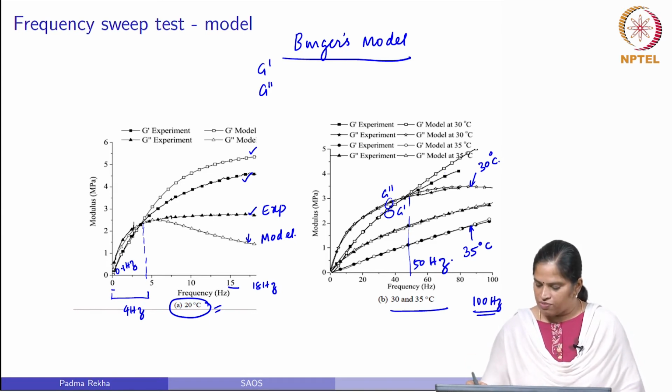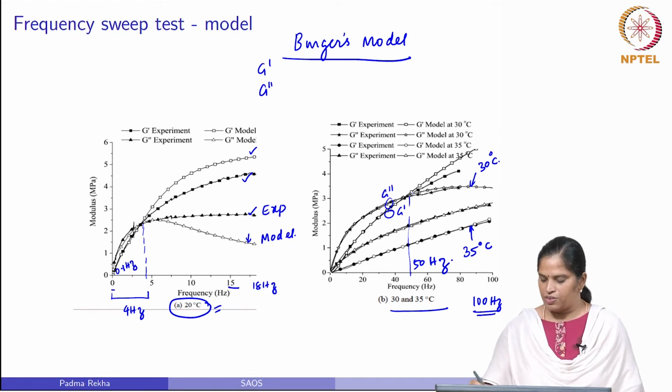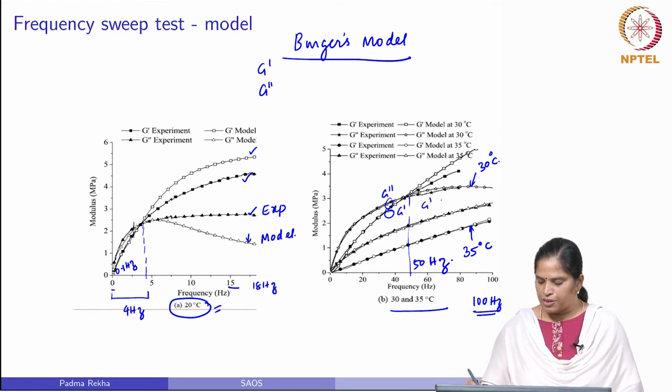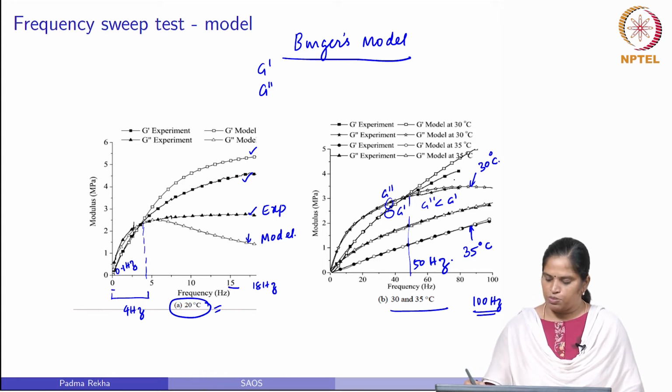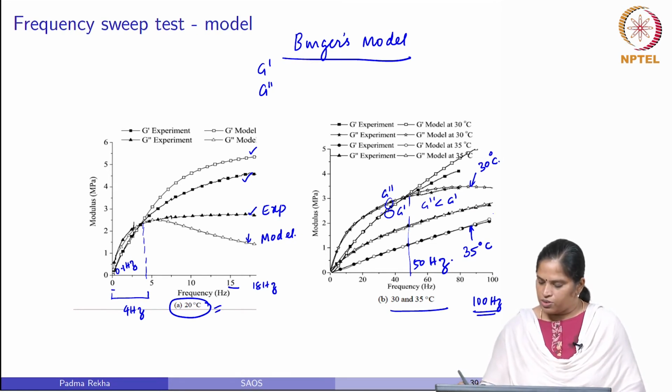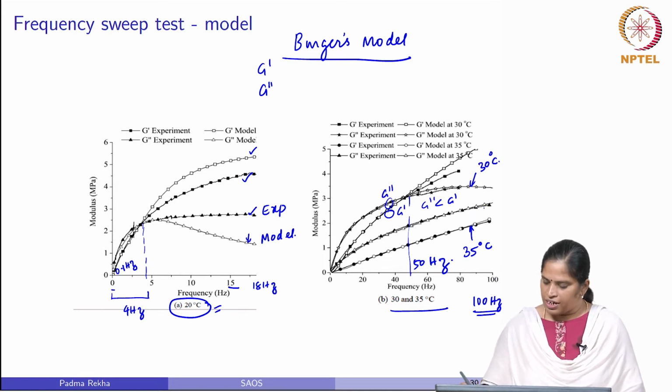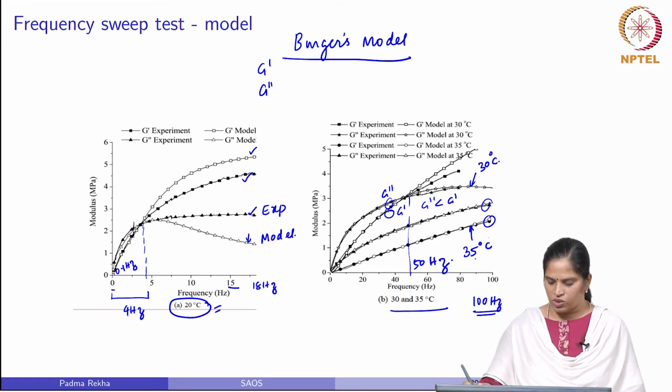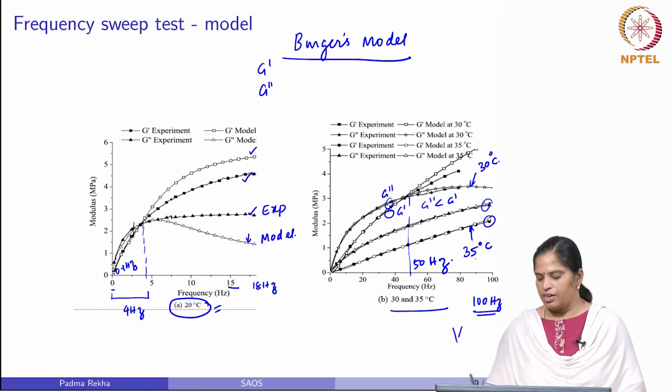Now, as the frequency increases, when G double prime becomes less than G prime, there is a deviation between the model and the experiment. At 35 degrees Celsius, we did not see a crossover, even up to 100 hertz. So, you can see that the loss modulus is always higher than the storage modulus at 35 degrees Celsius for this particular type of bitumen, and this bitumen is VG30 bitumen.